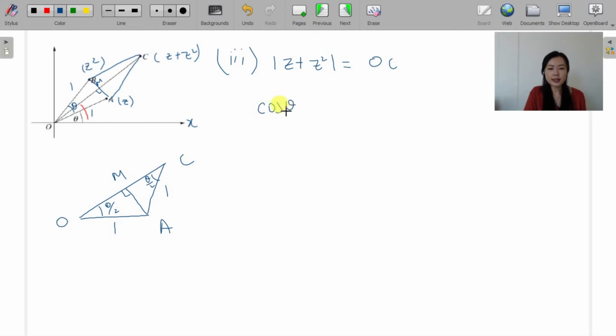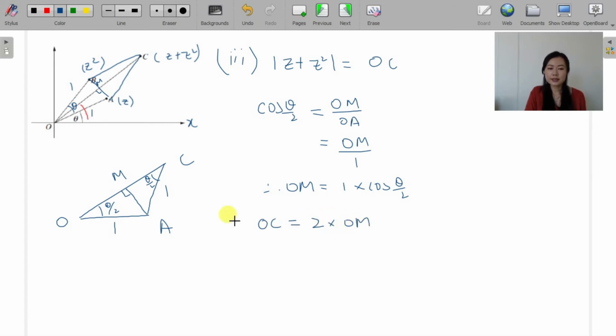Cosine theta on 2 is equal to adjacent over hypotenuse, so OM on OA, which is OM on 1. So that means OM is equal to 1 times cos theta on 2. After that, OC is equal to 2 OM since diagonals bisect each other. So 2 cos theta on 2.